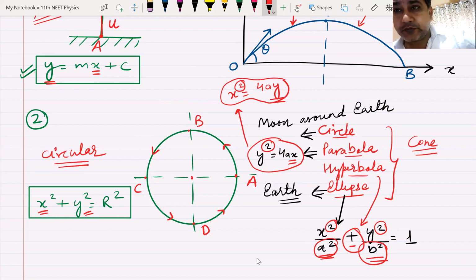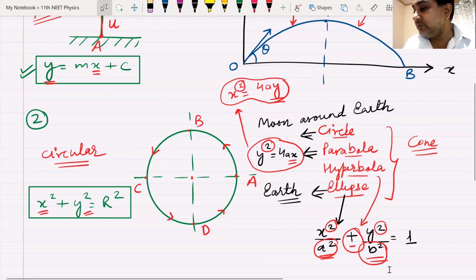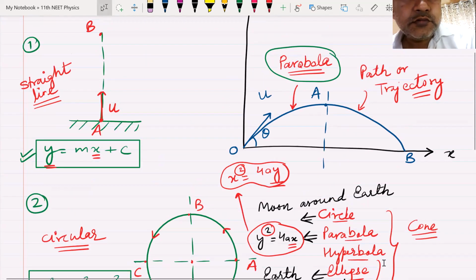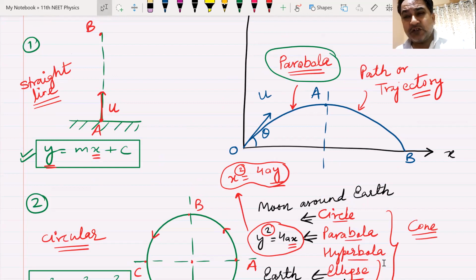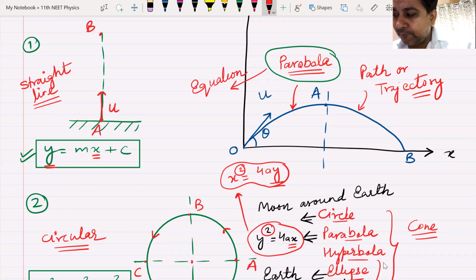Okay. Now, as I told you, the trajectory is a parabola. Now, this parabola must have an equation. And this equation is the equation of a parabola, which is the equation of the path, which can now be called as the equation of trajectory.